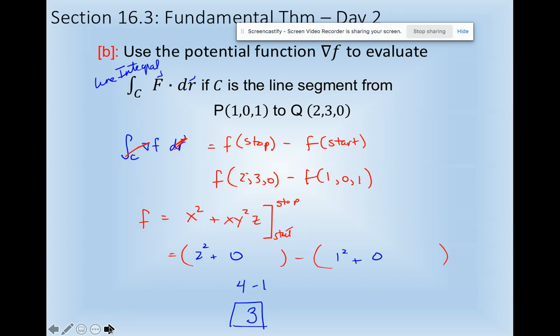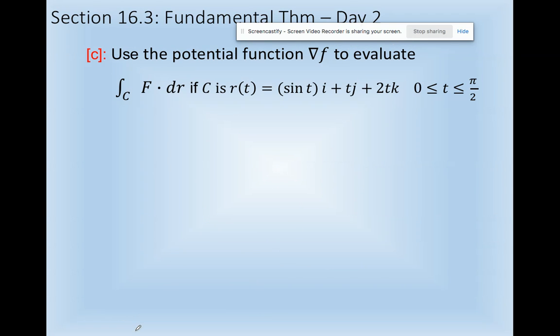Let's do another one, part C. Okay, use the same potential function to evaluate this line integral, but I've given you r of t this time. Uh-oh.